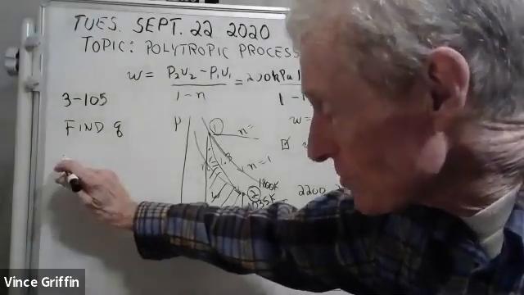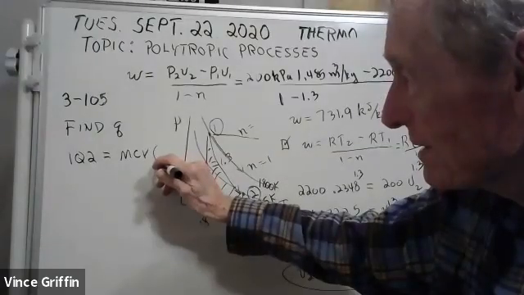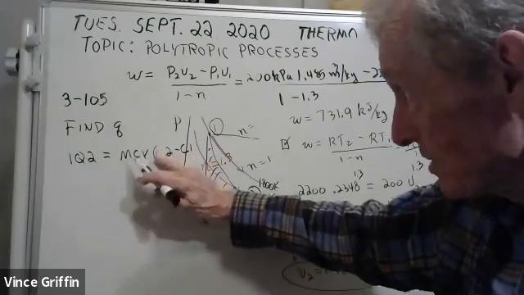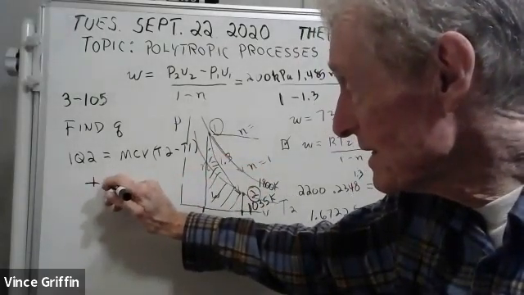Say it slowly so I can understand what you're saying. 1Q2 equal MCV, open parenthesis, T2 minus T1, and you close parenthesis, plus 1W2.